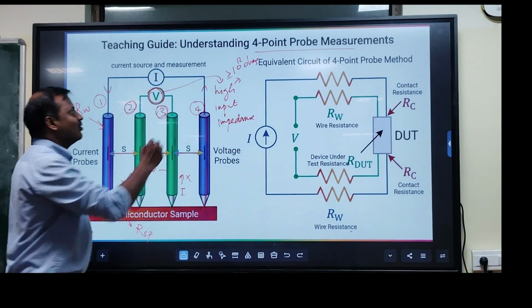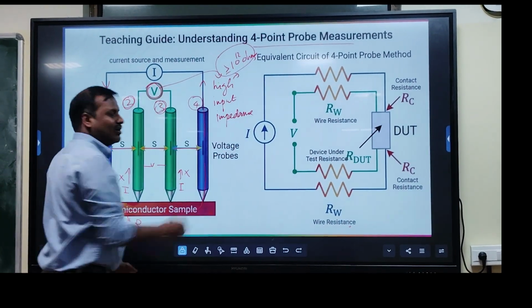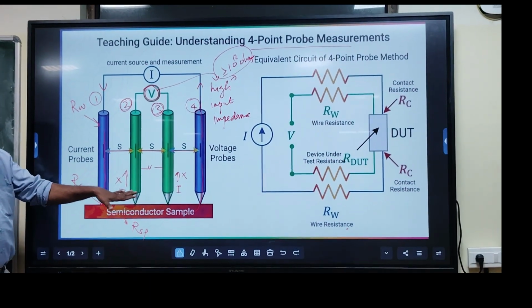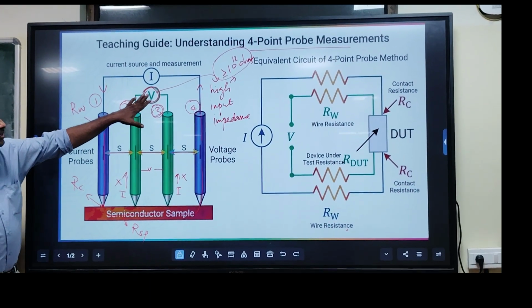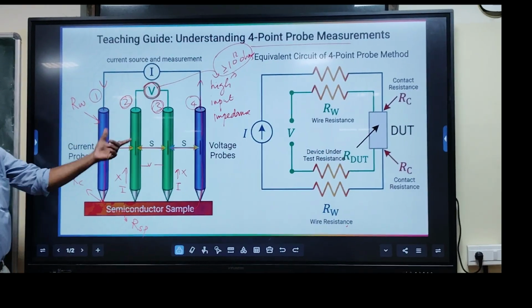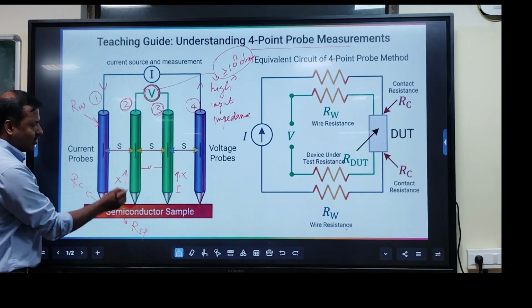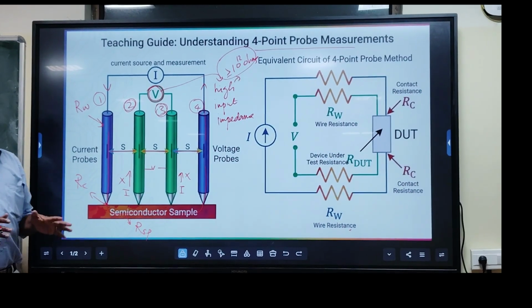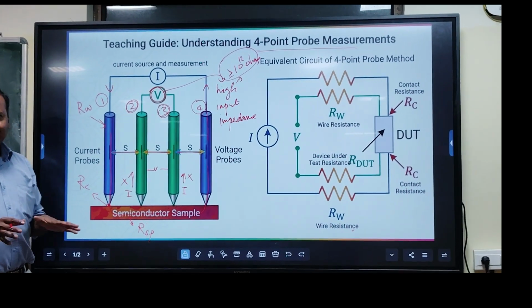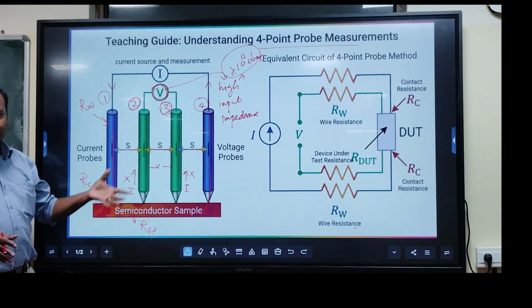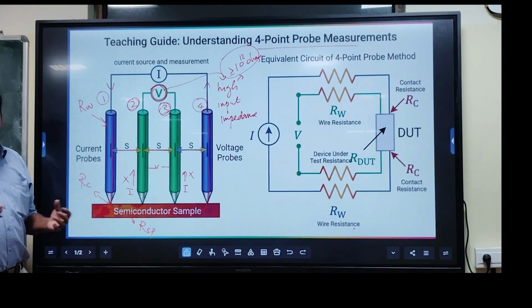You can think of this as a very huge resistance offered by the voltmeter connected to these inner two probes. Therefore, the current cannot flow in this direction. It faces a huge amount of impedance, so the current flow will be very small or negligible.